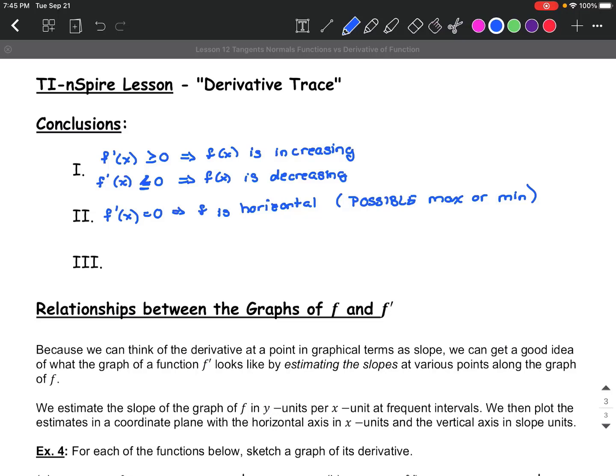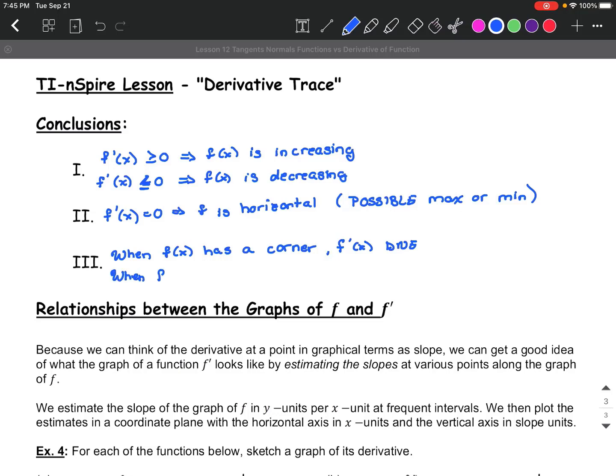Now, there are another two things that we want to keep in mind here. When f of x has a corner, so a sharp corner, the derivative does not exist.